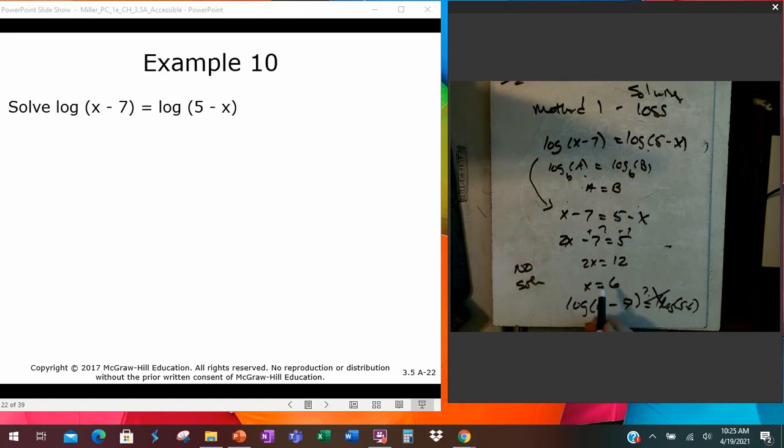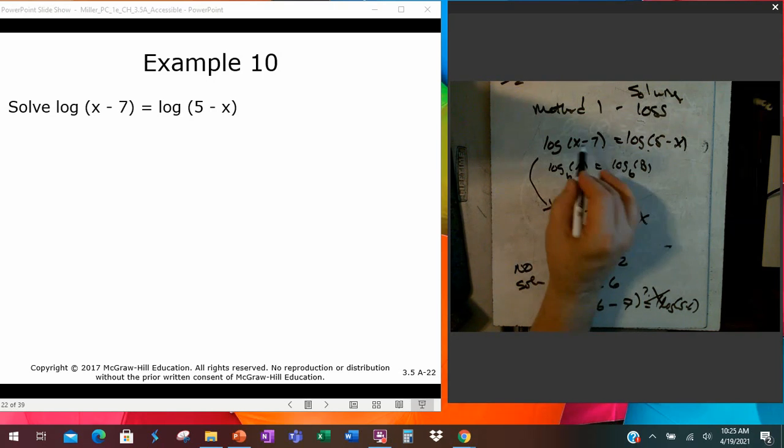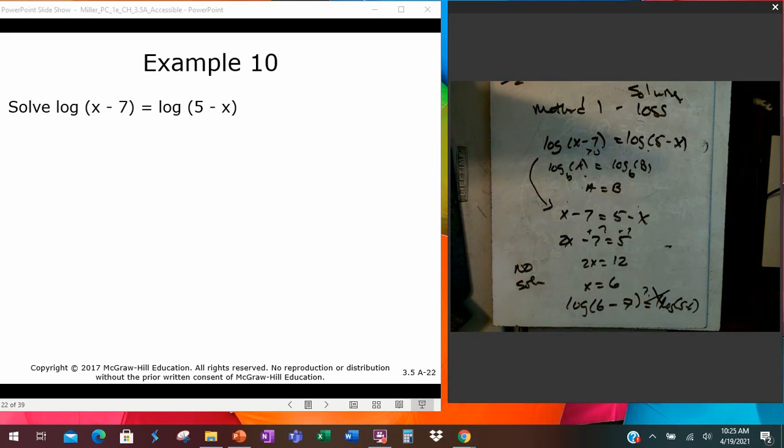If it had a solution, it would be 6, but the argument has to be greater than 0, and it's negative 1. 6 minus 7 is negative 1, but I can't do the log of negative 1. So during the check, it doesn't check. So no solution on that particular one.